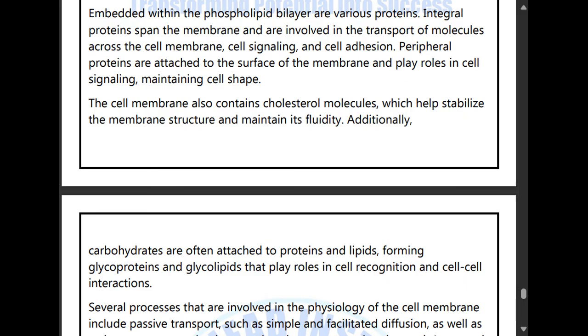Additionally, carbohydrates are often attached to proteins and lipids. When attached to proteins, we have glycoproteins. When attached to lipids, we have glycolipids. They also take part in cell recognition and cell-to-cell interactions.